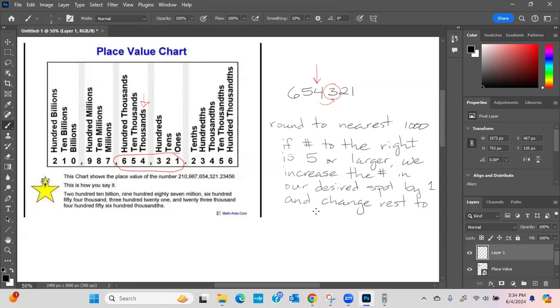When I say the rest, I mean to the right. So that's if the number is 5 or larger. Now, ours is not. If less than 5, just change it and all the numbers to the right to 0.